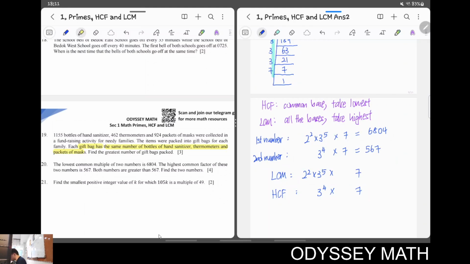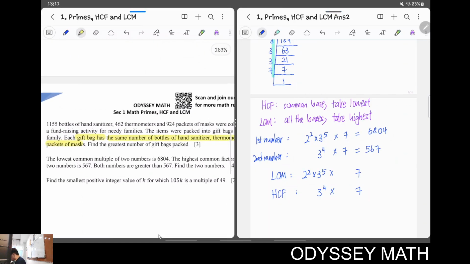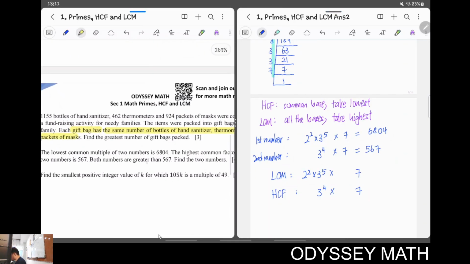But here's the issue. Both numbers must be greater than 567, but 567 is not greater than 567. Numbers greater than 567 will be 568, 569, 570, 571, and so on.